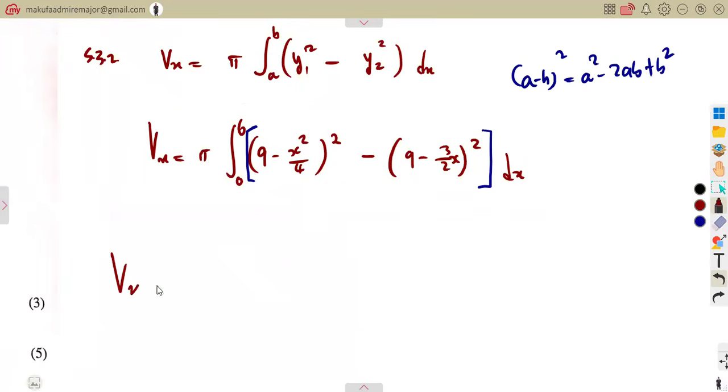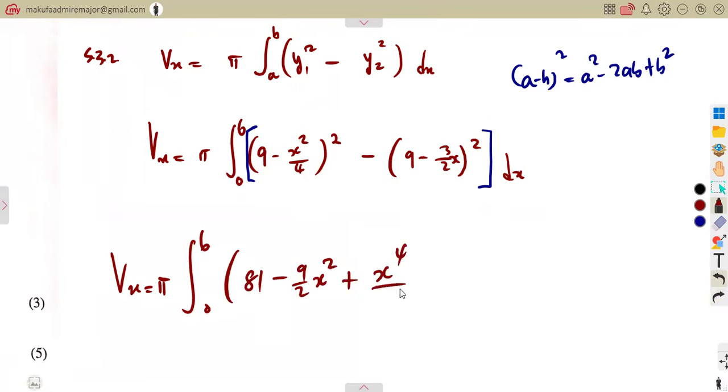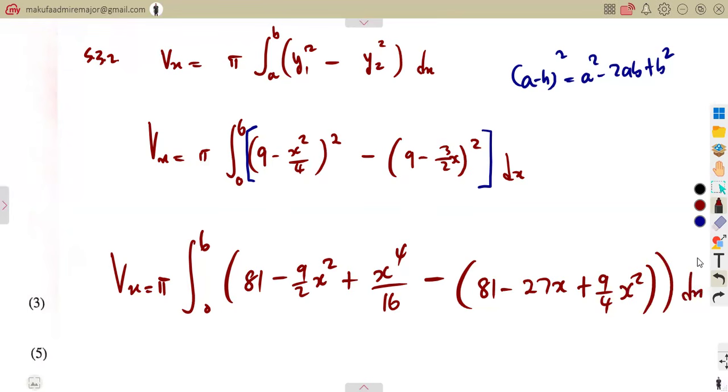So if you were to apply that, in this case, you were going to obtain, for the first bracket, something like 81 minus 9 over 2 x squared plus x to the power 4 over 16. All right, minus, you expand the second bracket, it was going to be 81 minus 27x plus 9 over 4 x squared. Make sure that you expand, guys, properly, each and every part.